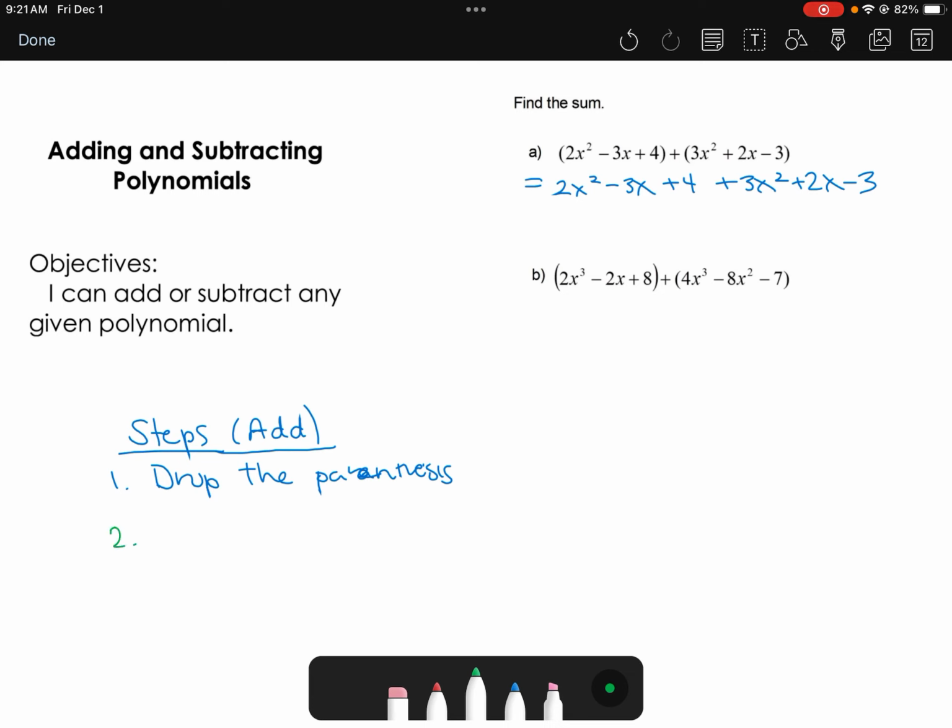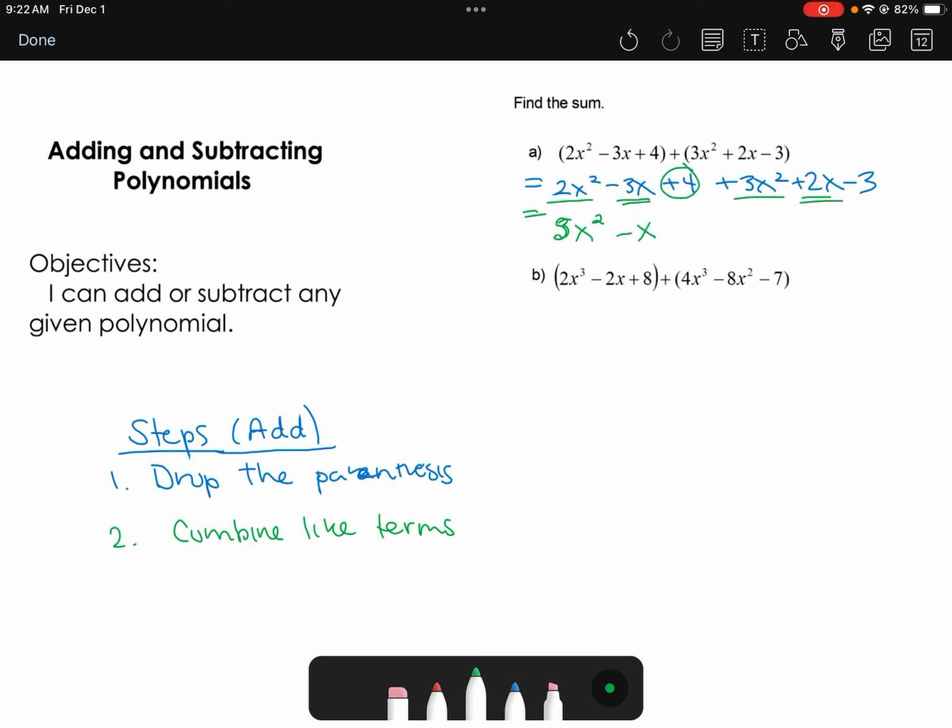Step 2 is to combine your like terms. We have 2x squared and 3x squared, which gives me 5x squared. Now I have negative 3x plus 2x, so that gives me, and you can either write it as plus negative 1x, or you can just write it as minus x.